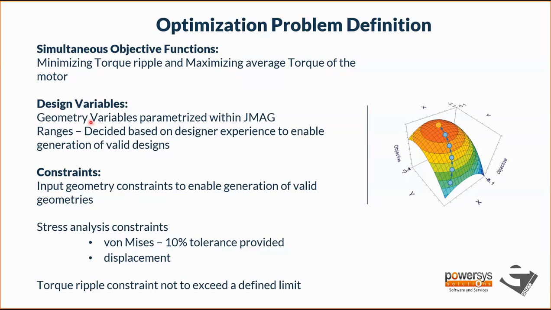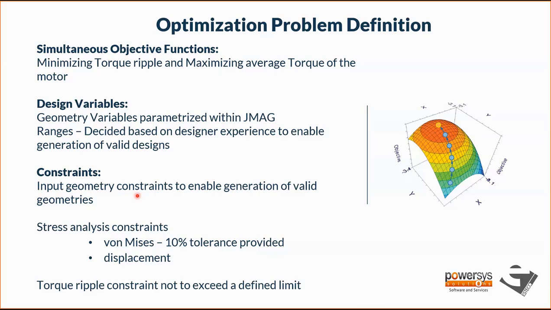Of course, the design variables are the geometry variables that Dheeraj described that were set up in JMAG, and the ranges are essentially decided based on whether those ranges will provide us valid geometric configurations, and those are aided by the geometry constraints on the input variables.